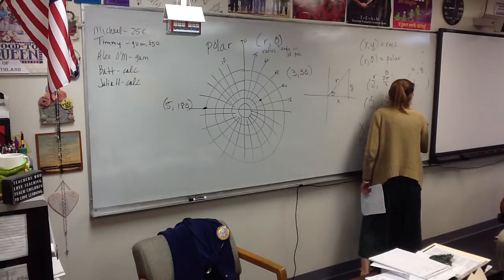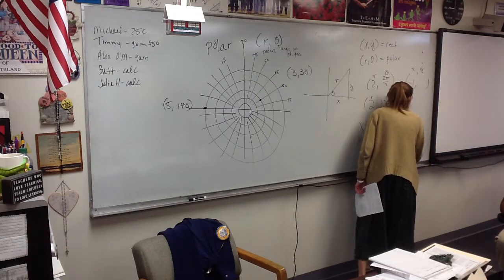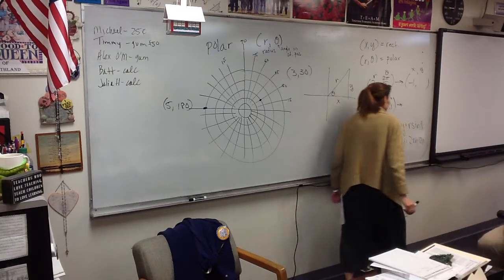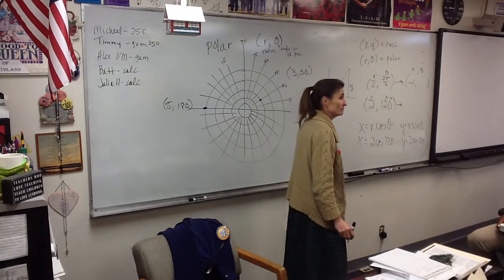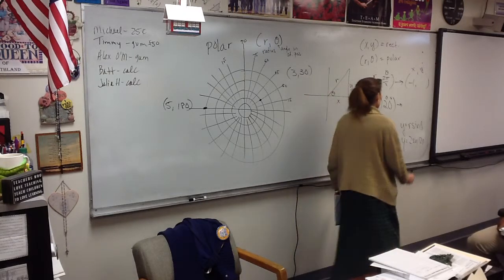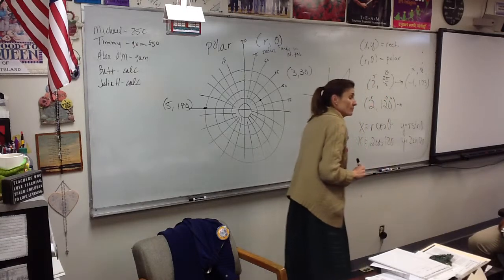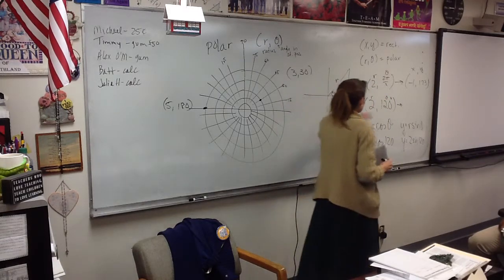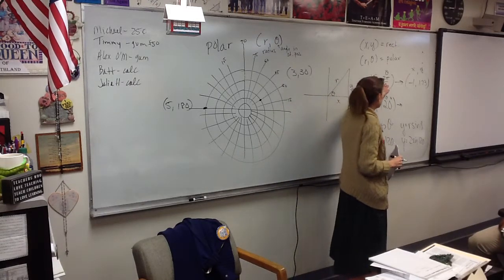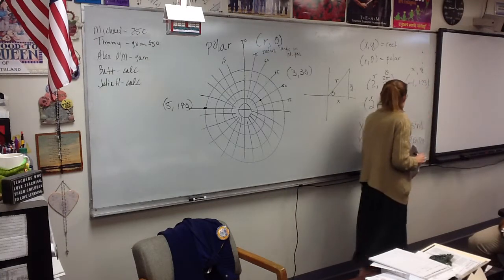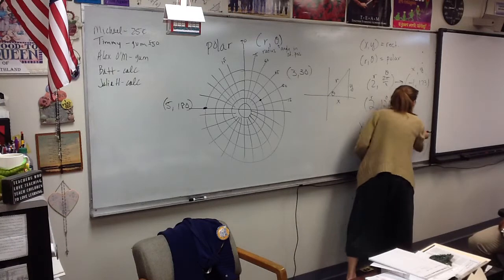R sine theta. Well, wait a minute. R is still 2. Theta is still 120. What's 2 sine 120? 1.73. And there you go, you're done. So you took an R comma theta pair and you changed it into an XY pair using the formulas that you memorized.